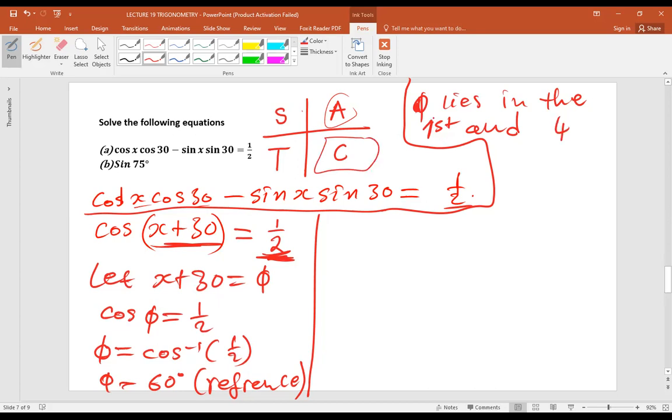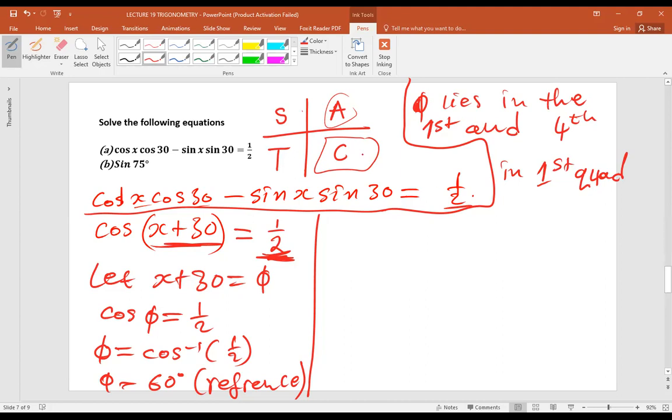So phi lies in the first and fourth quadrant. So in the first quadrant, the angle that you get as your answer is the reference angle. So in this case, the reference angle is 60.